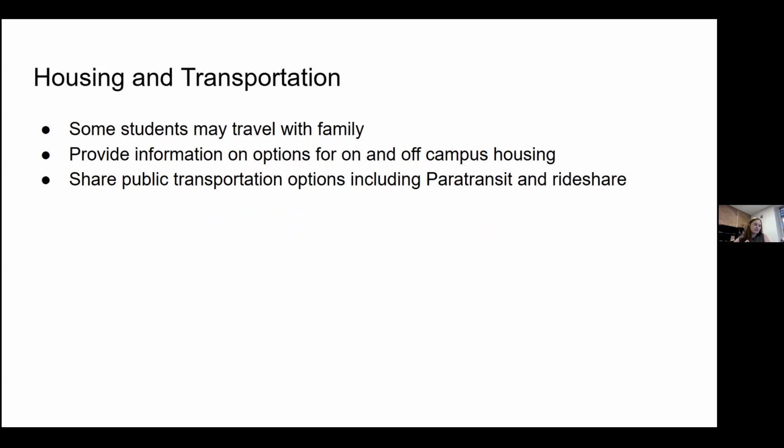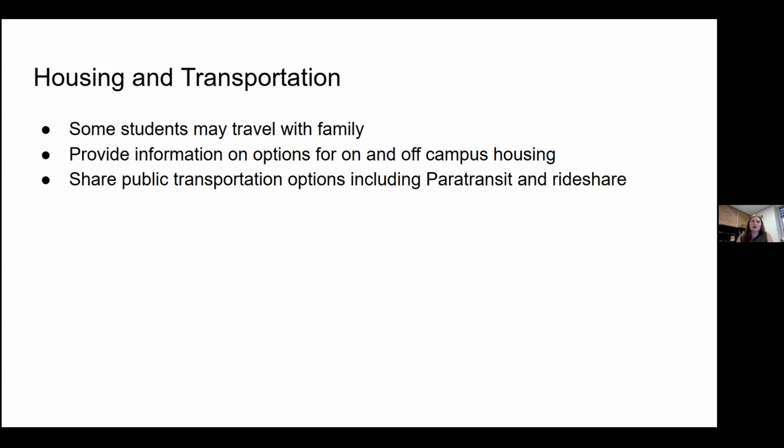Yeah, so I am going to talk a little bit about housing and transportation. Many of the international students I have worked with are looking to live on campus. One thing that is important is to start working with your housing department to make sure that you understand what is available for students throughout the year.